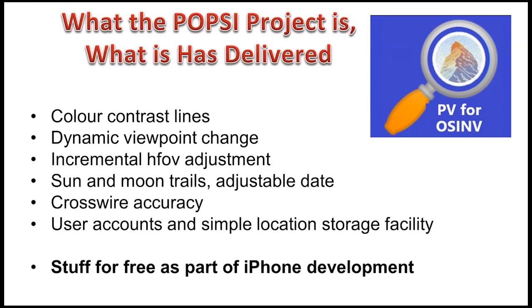We've persuaded the developers to actually make the viewpoint dynamic and changeable. It's not as fast as we'd like, but it is very accurate. We now have incremental adjustment of the field of view. We've got sun and moon trails with the adjustable date. We have the crosswire accuracy when we're not giving webinars, because it'll probably come back on Monday.